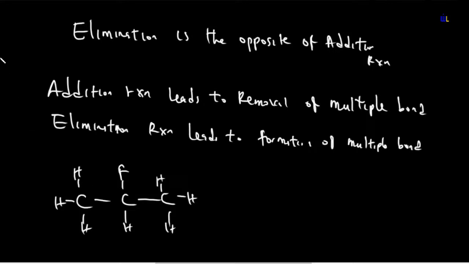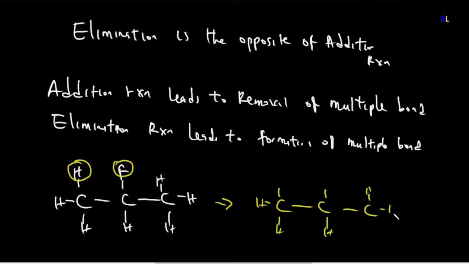If I remove hydrogen from here, and remove fluorine from an adjacent carbon atom, the implication is this: it will lead to the production of something like this. Notice that this place is now empty. What this will eventually lead to is that these two bonds will now link up, and once they link up, you are going to have a double bond.